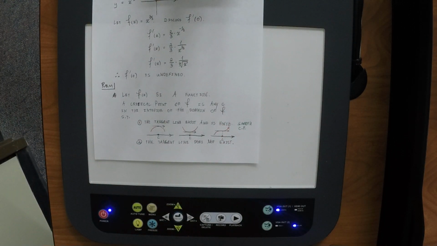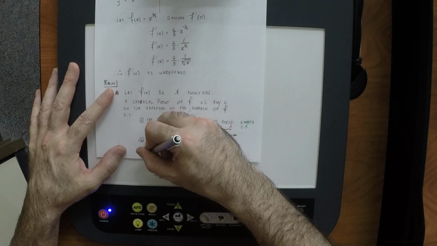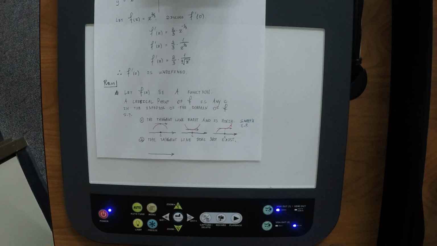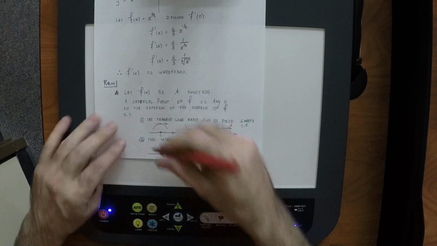There are so many ways to not exist, so I'll just draw a handful of them. One of them is basically to locally look kind of like absolute value.